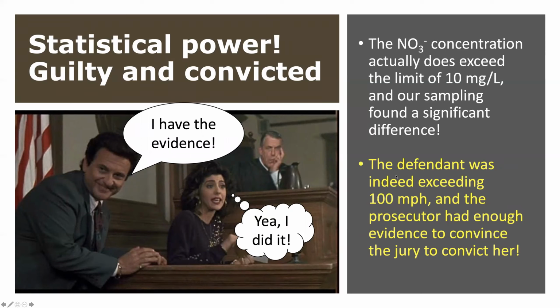The analogy in the courtroom is where you have the defendant exceeding the speed limit, and the prosecutor was able to gather enough evidence to convince the jury to convict that person. So there are the four different outcomes you could have for a statistical test.